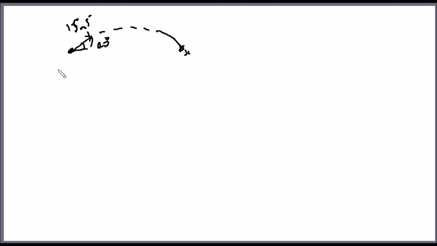We're going to use the equation S equals ut plus 1/2 at squared, in vector format. So S can be x, that's an unknown distance, and the height is 0 because this is where it lands on the ground again.